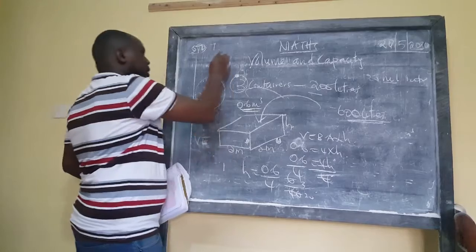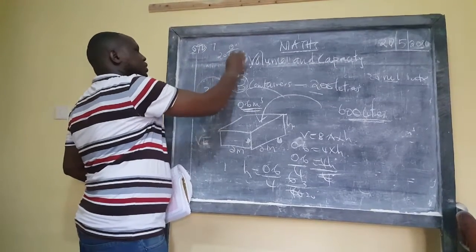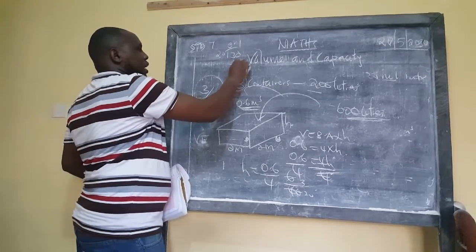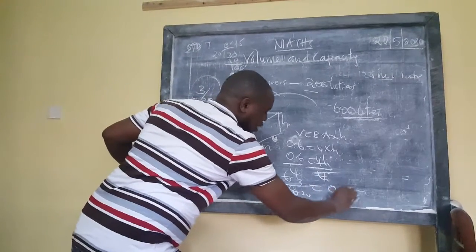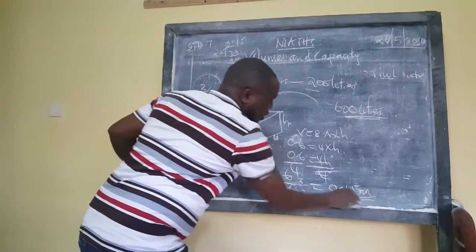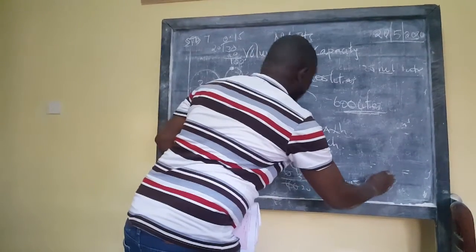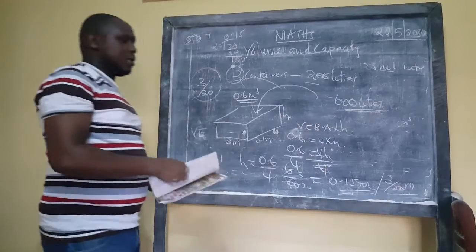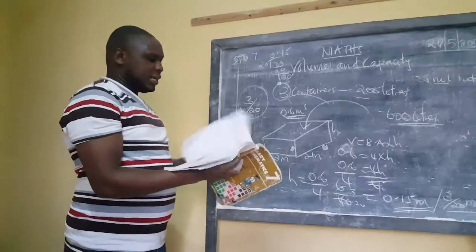So 3 divided by 20 gives 0.15 meters. So the height is 0.15 meters or 3 over 20 meters. As far as that work is concerned, Lana, that is what we are supposed to do.